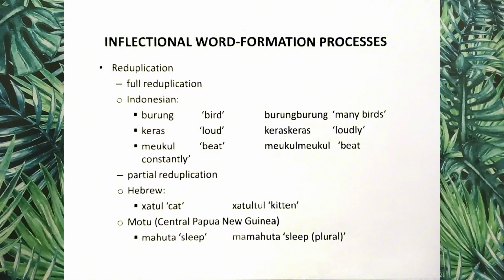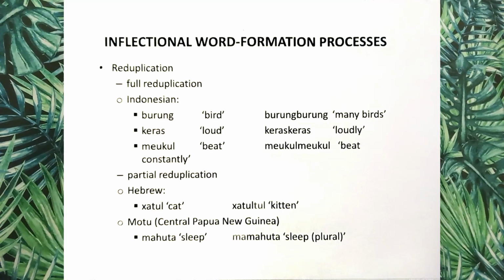Let's take another example word, mahuta. It means shape in the Motu language. Motu is spoken in central Papua New Guinea, for those of you who want to clarify about it.